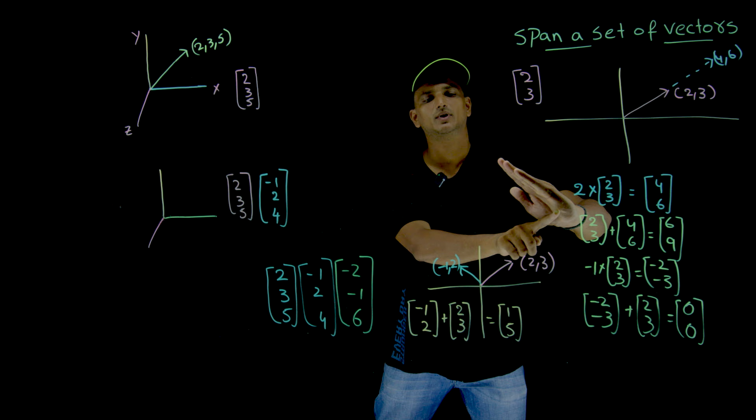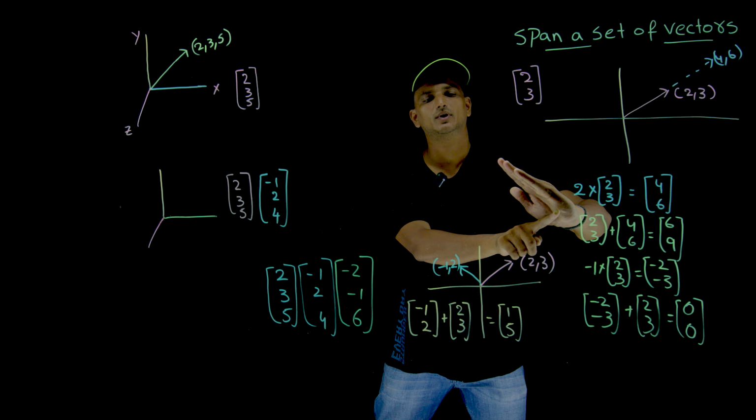From 2, 3 you can move up to 4, 6 by multiplying with a scalar. By adding these two vectors, you get a new vector somewhere around here, in the same direction. Means by using this vector, I am able to span the space that belongs to this line. This is a line, right? The line moving in this direction. This entire line I can span.